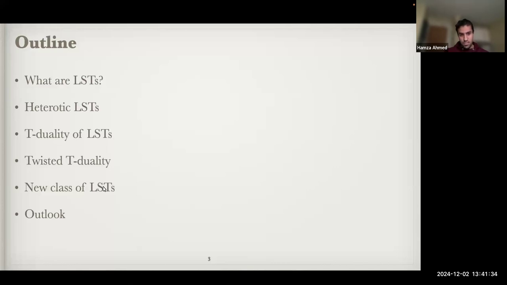And then if we have time, we'll get into the results section of the talk, where I'll explain what this twisted T-dual landscape is and how we can use these new techniques to write down a completely new class of little string theories that were not known before. And then I'll give a brief outlook with some future directions.